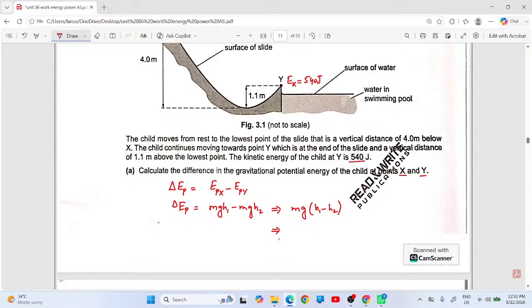The mass is 330 and the value of g is 9.81.